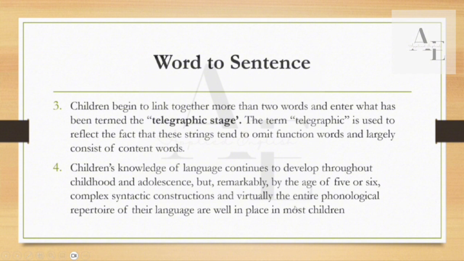So when they reach the age of 5 or 6, they have complex syntactic constructions, so they know how to construct sentences. And their entire repertoire is in place, so children in this stage know how to communicate and how to use the language to convey meaning.